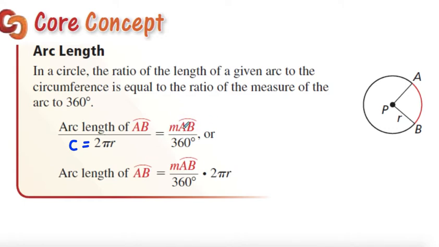So that's what you guys did last chapter when we were learning circles, how to find the measure of that arc. Or if we're just trying to find the arc length, we can multiply both sides of this top equation by 2 pi r to get what's on the bottom here. Okay, so we're going to keep this in mind as we go through these next few problems.